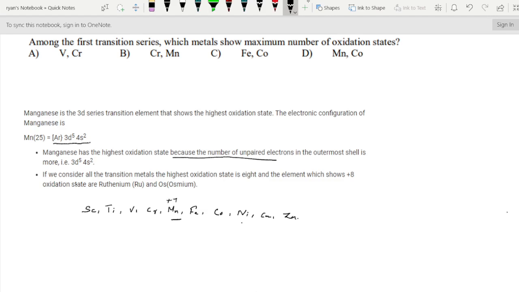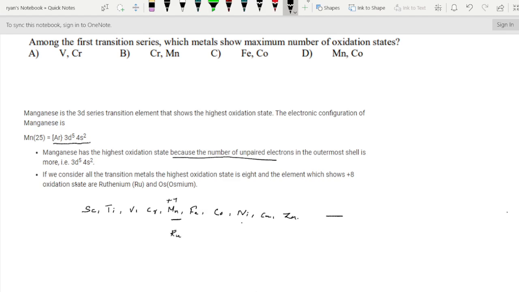If we consider all the transition metals, the highest oxidation state is 8, and the elements which show plus 8 oxidation state are ruthenium and osmium. This is the 3d series. Now below the Mn I am going to write ruthenium, Ru.